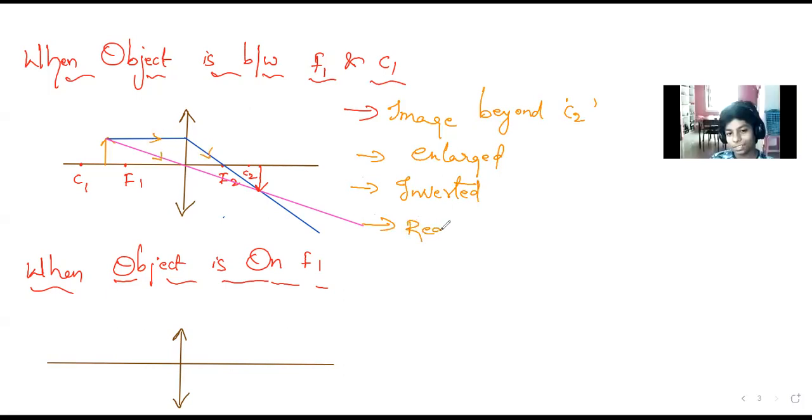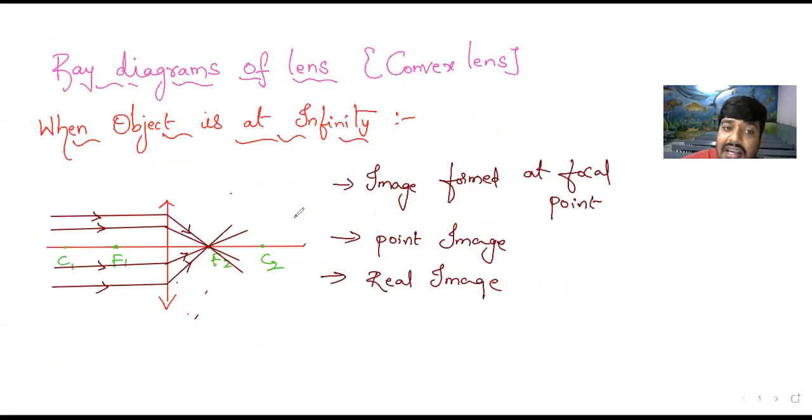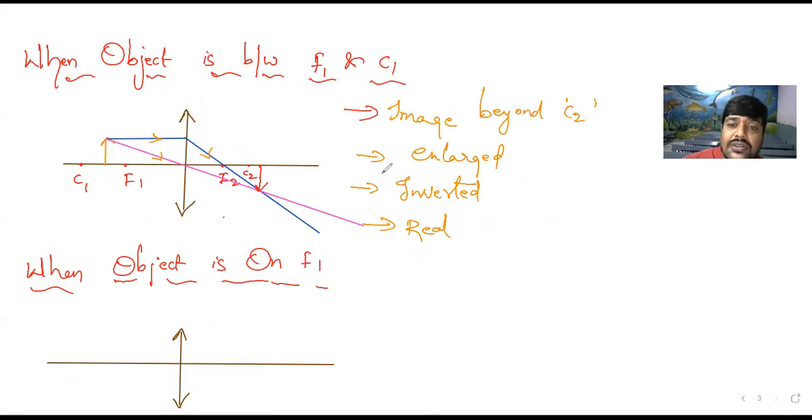Real. But you have to remember that while drawing ray diagrams, without arrows, we won't give marks. Definitely, you should draw arrows. From these arrows only we can tell which side it is moving. Is it right? Now, next one.